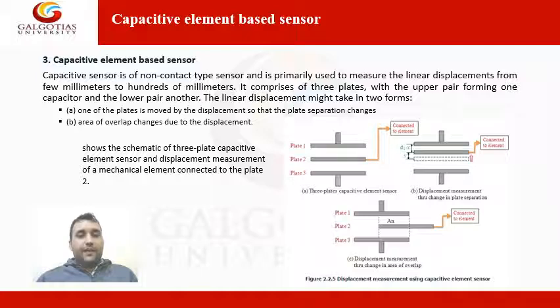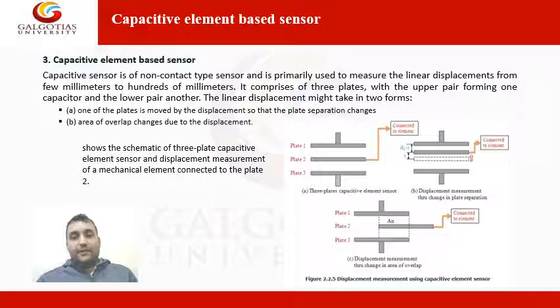This is a schematic diagram of a three-plate capacitive element sensor and displacement measurement of a mechanical element connected to a plate. This is plate 1, plate 2, plate 3. This is a three-plate capacitive element sensor, connected to an element. This is a displacement measurement through a change of plate separation.